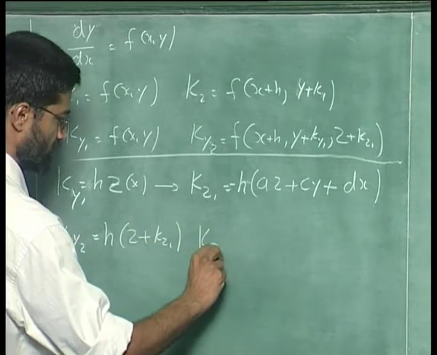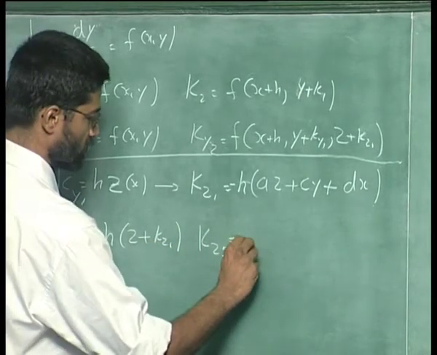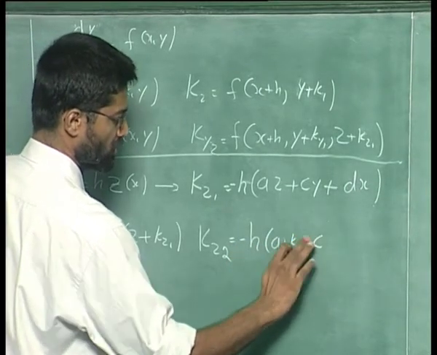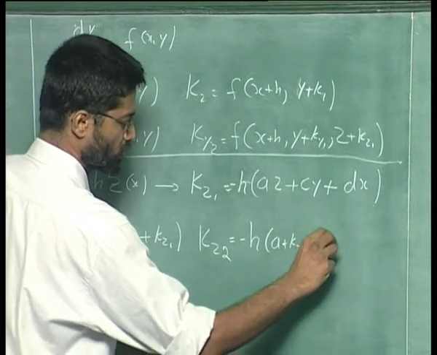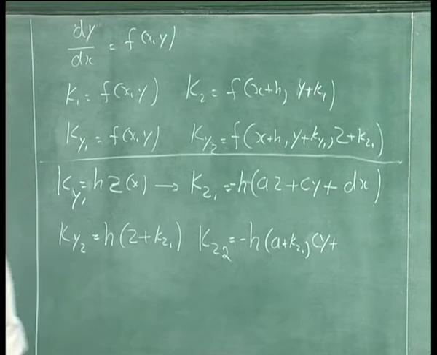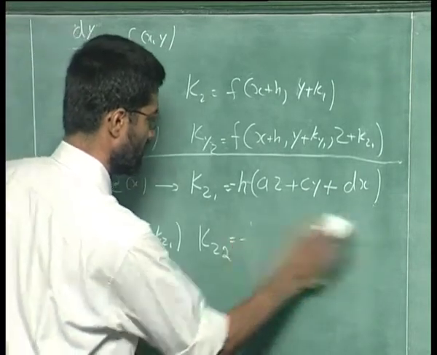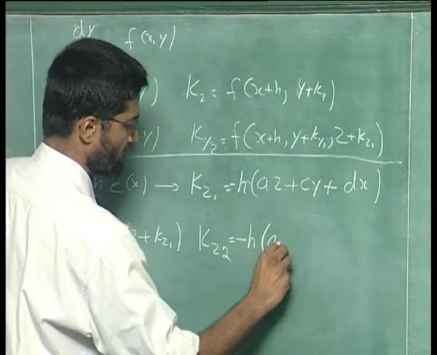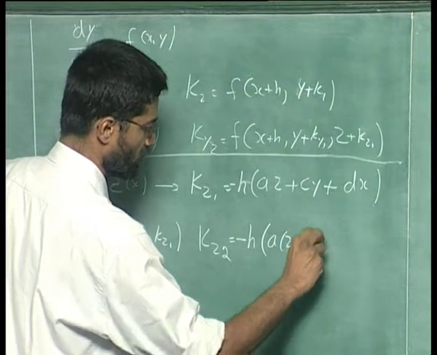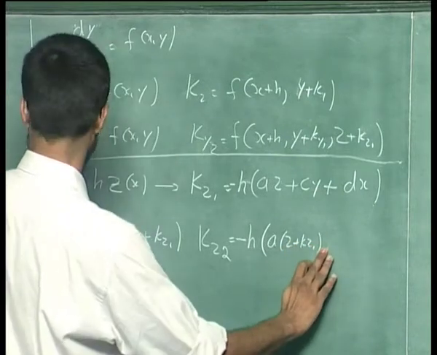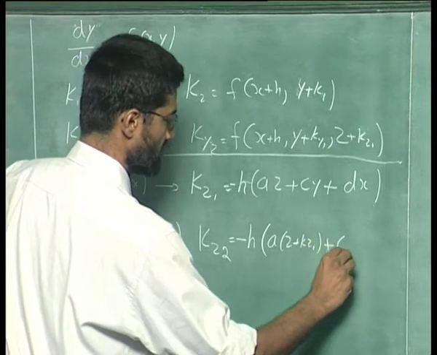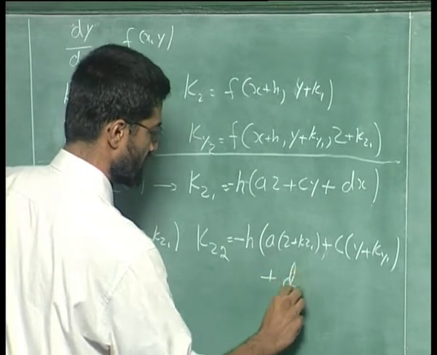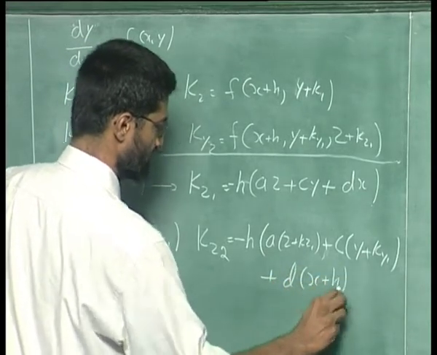Then I can do kz2, which is equal to minus h times a into z plus kz1, plus c into y plus ky1, plus d into x plus h.